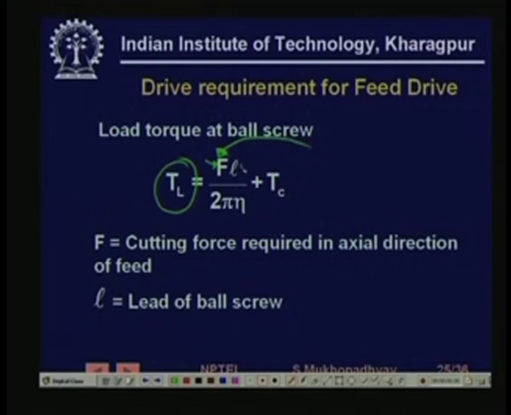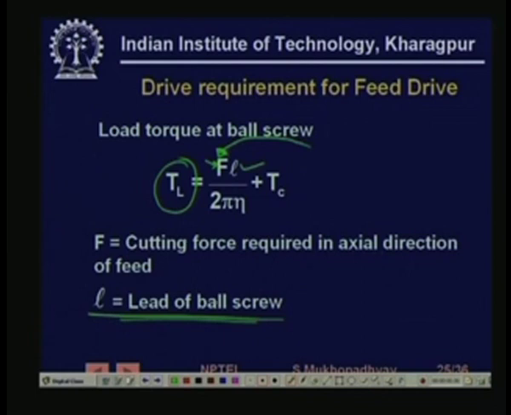So the screw is rotating here, so the tool is moving. So the load on the screw, which can be reflected as a load on the motor through the gearing mechanism that is used, can be calculated by this force multiplied by the lead of the ball screw, also the cutting force required in the axial direction of feed.